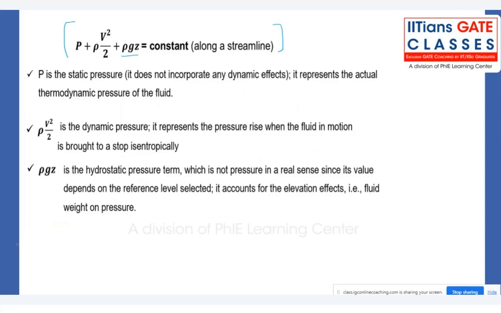Rho g h is nothing but the hydrostatic pressure term, which is not a pressure in the real sense, since its particular value depends on the reference which is selected, right? Generally, we say that it is the fluid weight on the pressure. That is whatever potential energy we are writing, right? Potential energy, mgh.